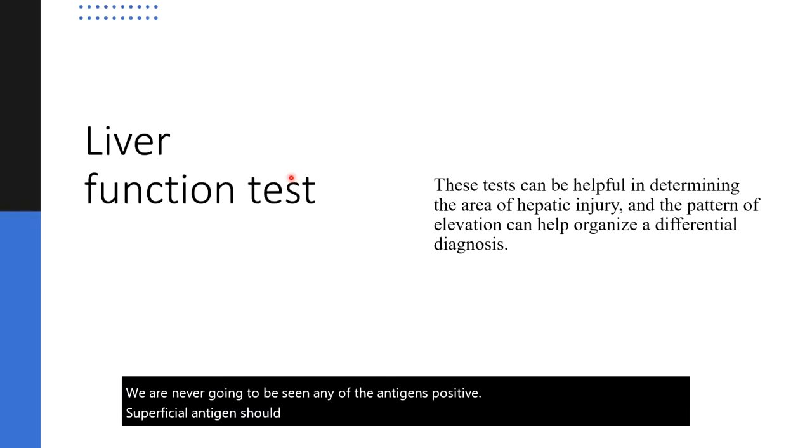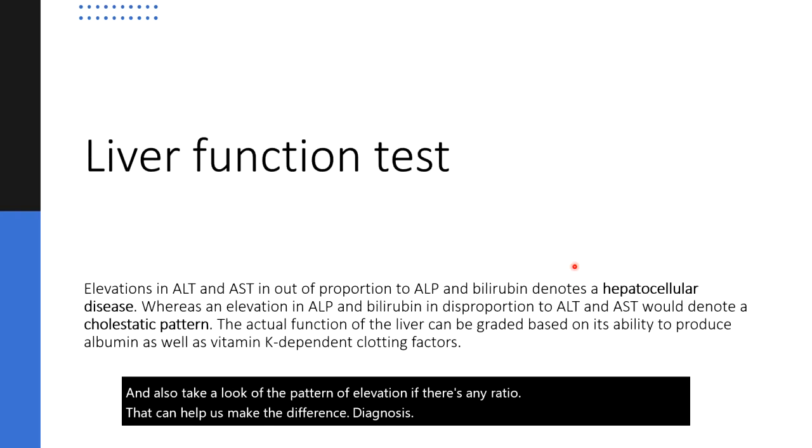Liver function tests. We need to take a look at all the tests that can evaluate the liver in a holistic way, and also take a look at the pattern of elevation, if there's any ratio that can help us make the different diagnosis of anything that could affect the liver.